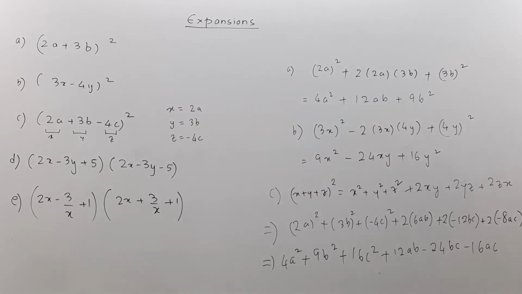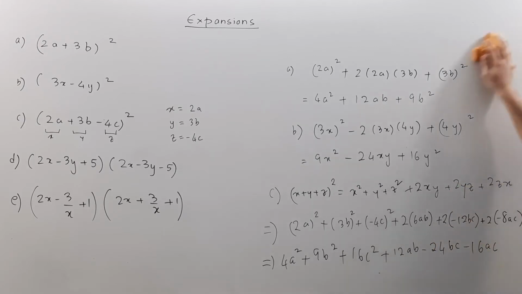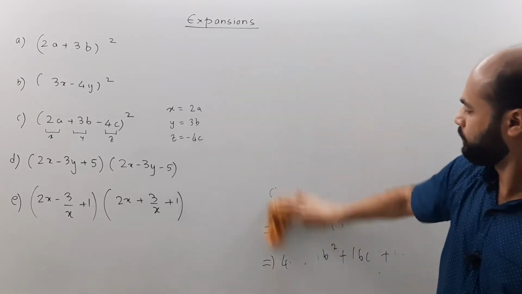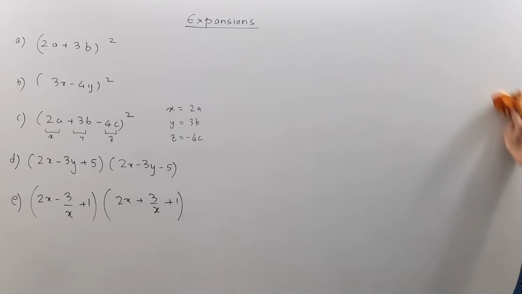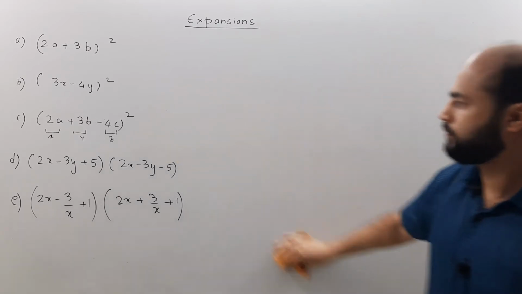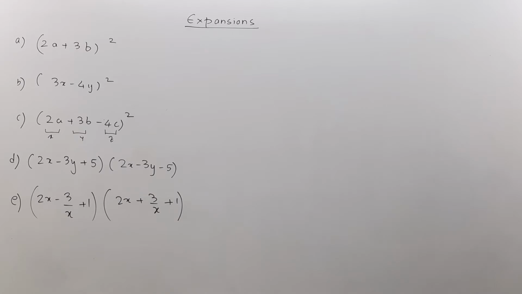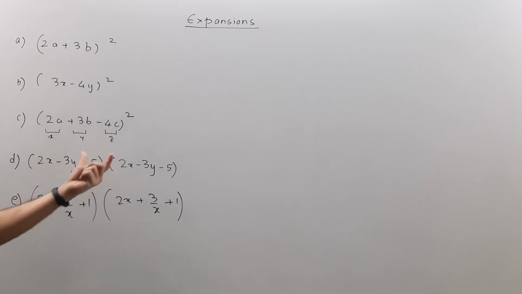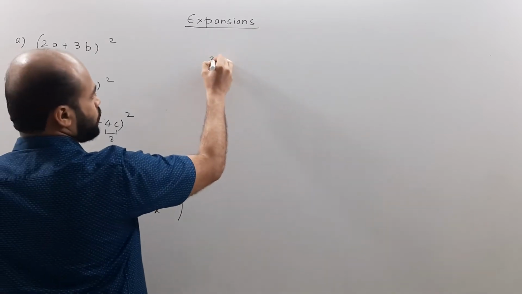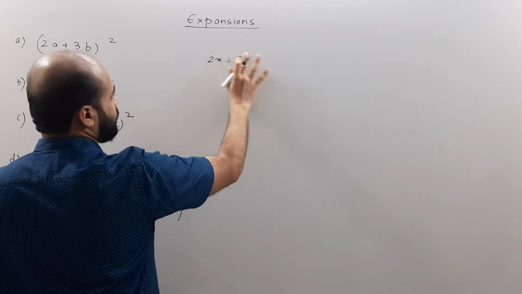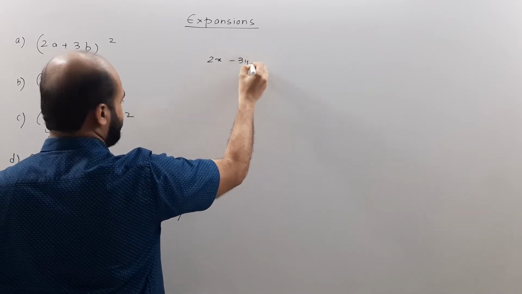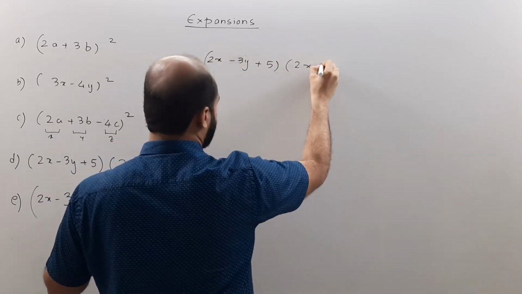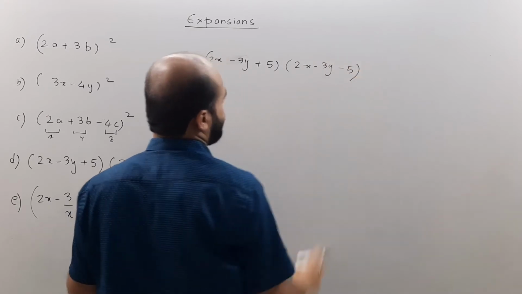Let us go further and do the other expansions as well. So the next one is (2x plus 3y plus 5) into (2x minus 3y minus 5).